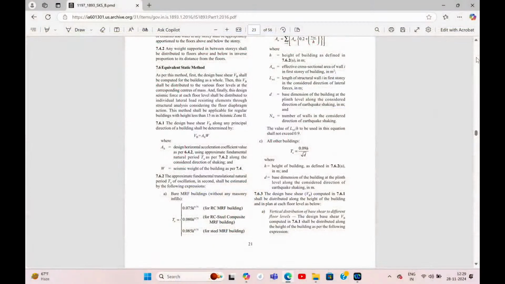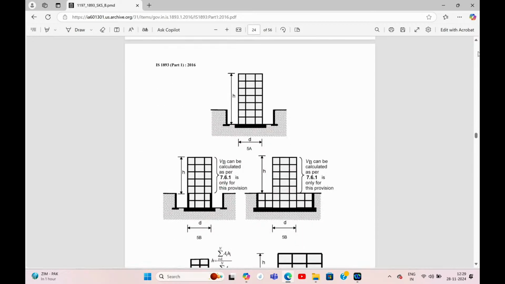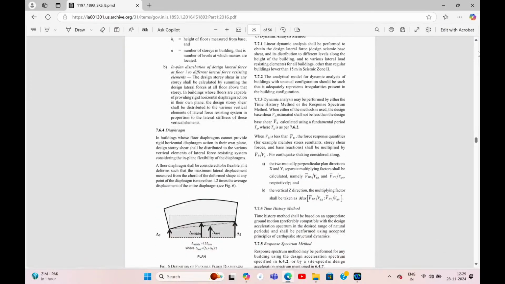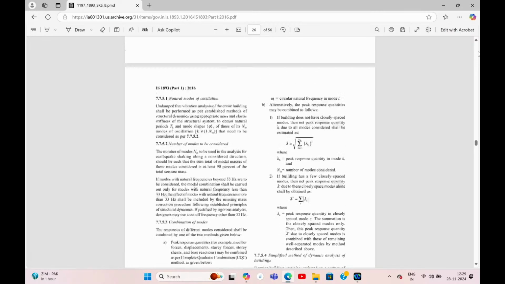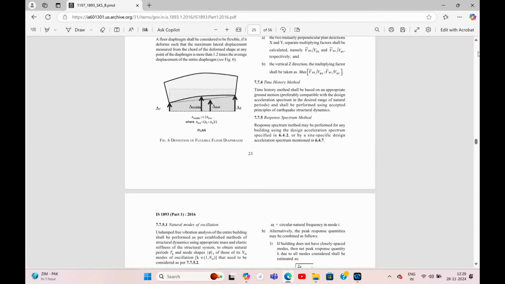Lateral forces. Yes. What is 7.6? We have calculated base shear, no? With the help of the equivalent static method. And 7.7.5 is what? Base shear, with the response spectrum method. Either we can calculate with the help of the static coefficient method, or the response spectrum method.